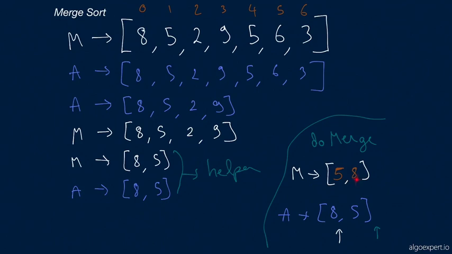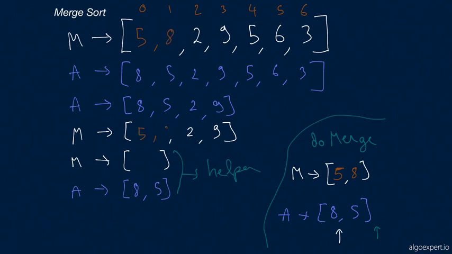But because we're dealing with the same 2 arrays since the very first call to the helper method up here, the same 2 arrays being the main array and the auxiliary array, this 5, 8 here should be reflected everywhere in our white array here. So I'm actually going to erase 8, 5 everywhere here and replace it in brown with 5, 8.